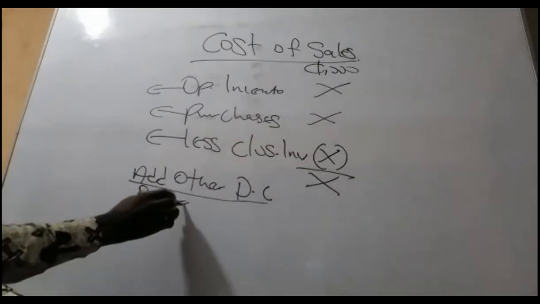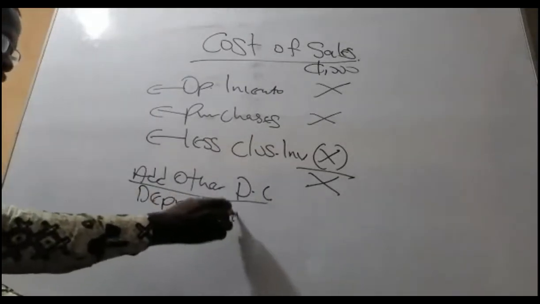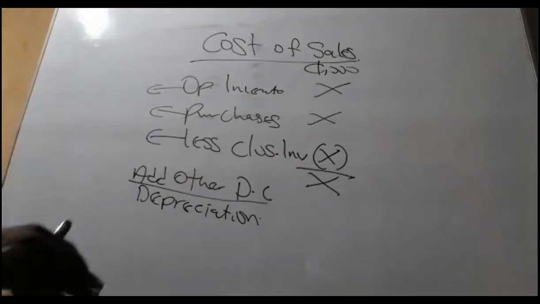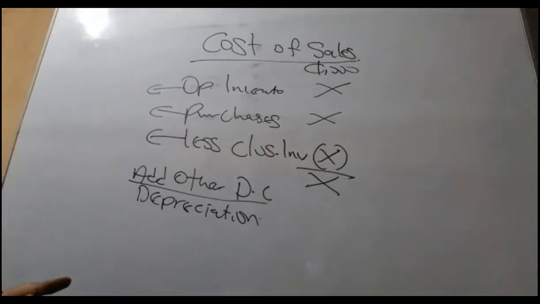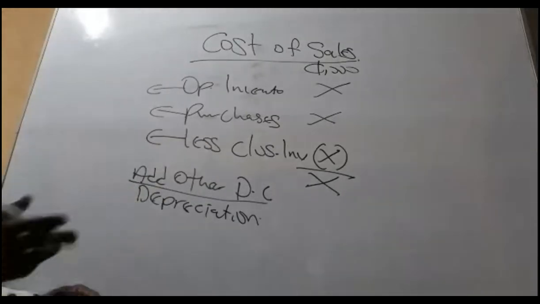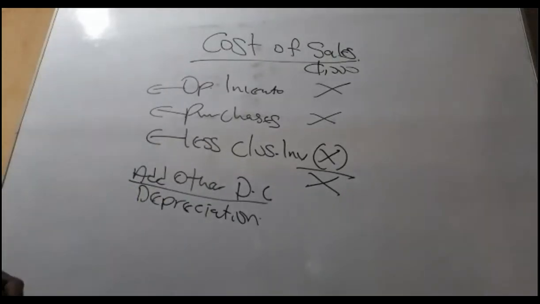Now, the examiner may inform you that depreciation must be charged to cost of sales. If they don't inform you, then you have two options: either you treat it as cost of sales or as operating expenses. So depreciation can be treated as cost of sales or operating expenses.